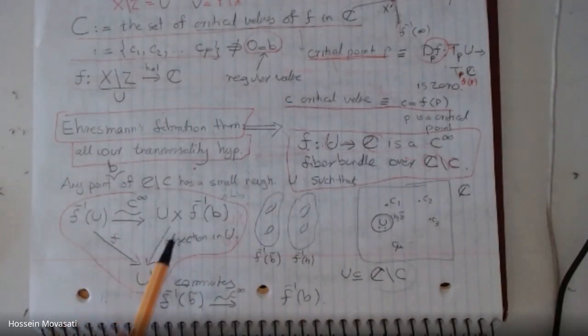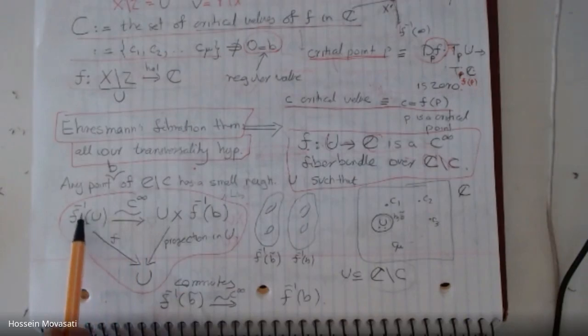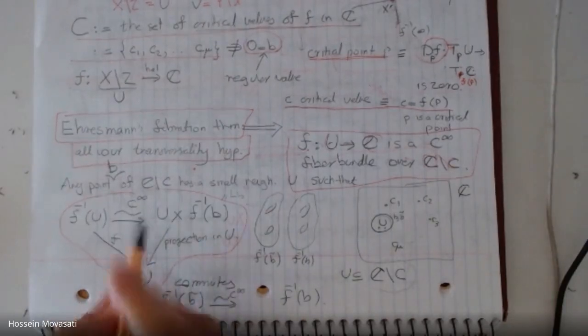From here to here we have the projection on U. Both of them are fibrations. So this means that this diagram must commute, and in some sense this means that we are trivializing this fiber bundle locally.